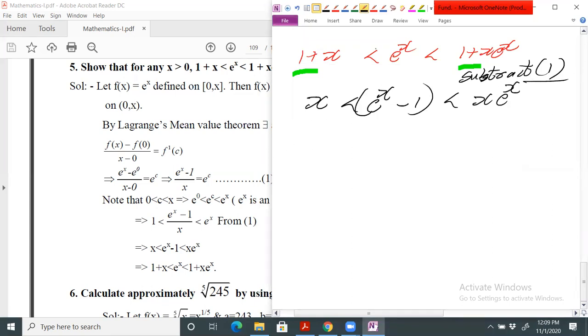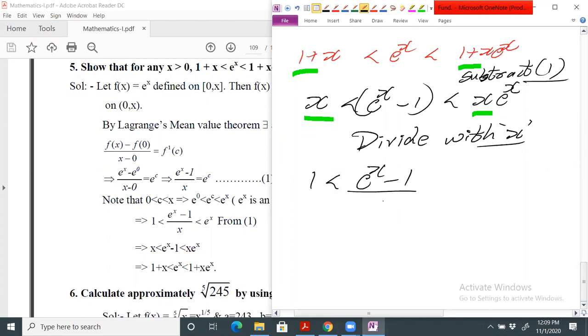Now check: x is in product here, and here also x is in product, so can I divide by x? Divide by x. When we divide by x, we get 1 is less than (e power x minus 1) by x is less than e power x.